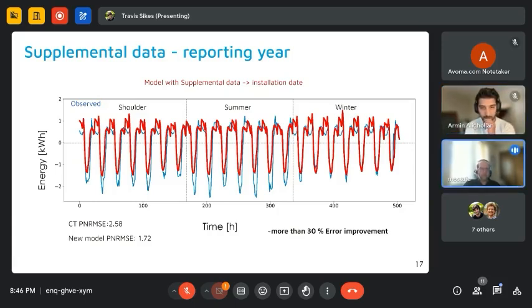Absolutely. So what I'm explaining is the IPMVP approach, what they call non-routine adjustment. They consider the installation of the PV as a non-routine event which impacted the entire consumption. And there are about 9 different approaches to address non-routine events.